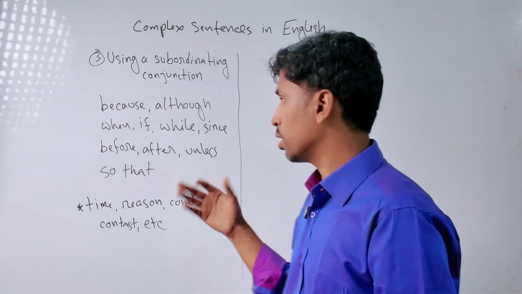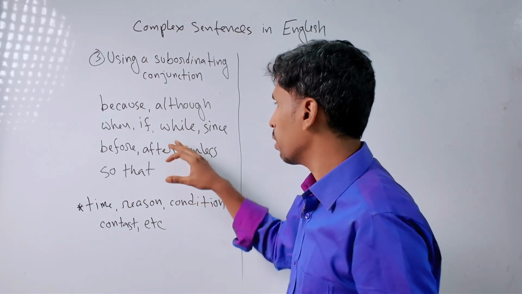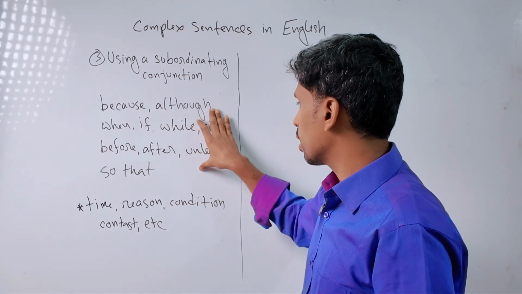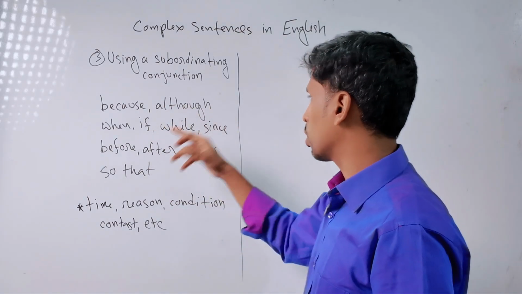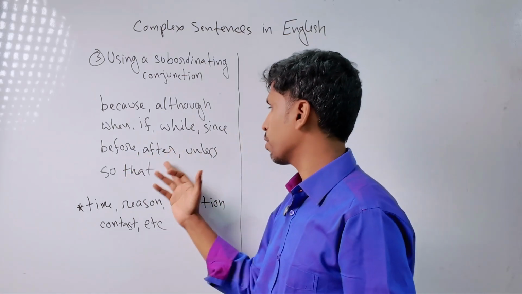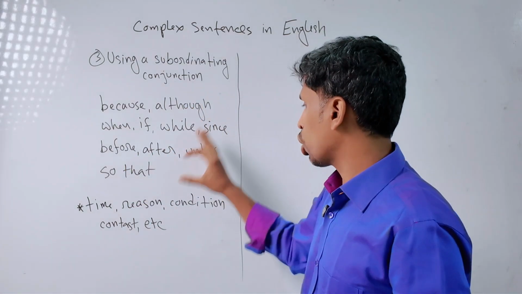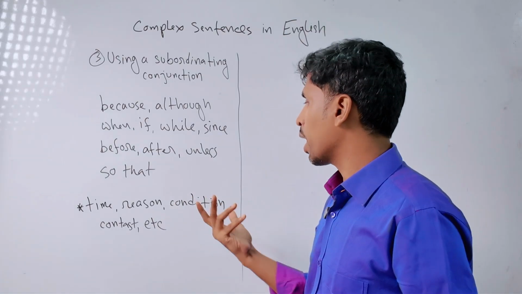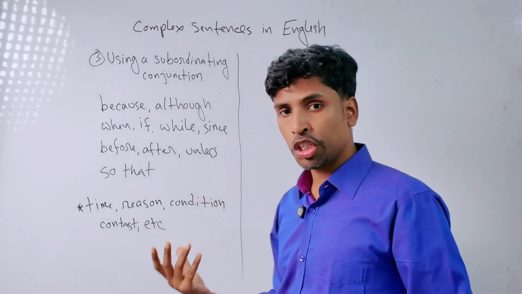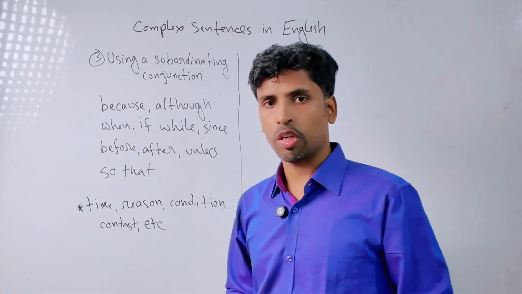There are many more. It's not possible to write everything down here. These are just some examples: although, when, if, while, since, before, after, unless, so that. These subordinating conjunctions show time, reason, condition, contrast, etc.